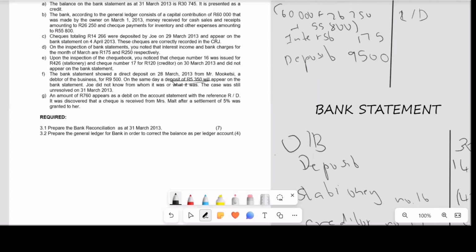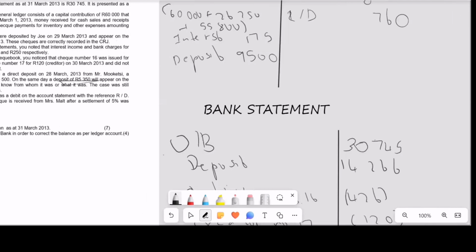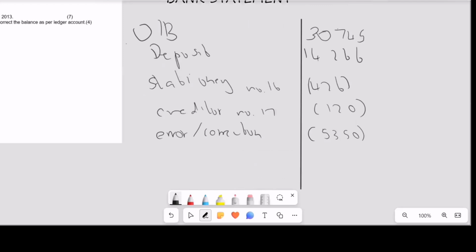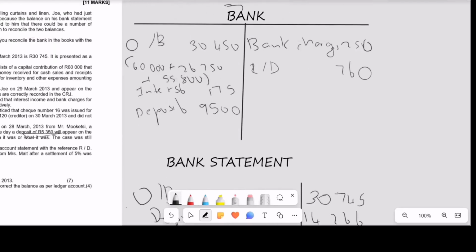So that's all the transactions that took place. Now we'll have to balance. Remember, when you're doing a recon, the most important thing is that your bank statement and your bank must always be equal to each other. That will tell you that whatever you did is correct if your amounts are equal. So, okay, let's calculate here.